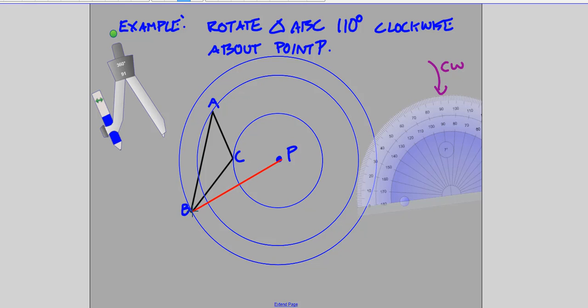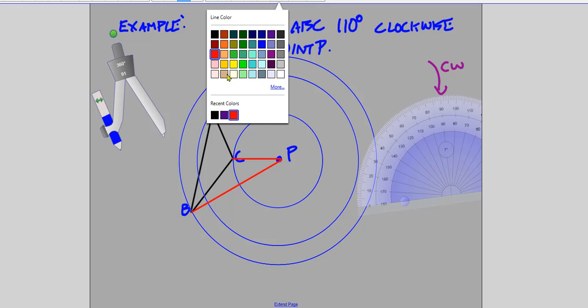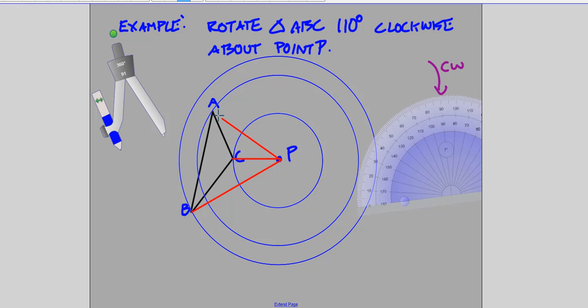So got that, and we need one more. Okay, so let me highlight these points in red.